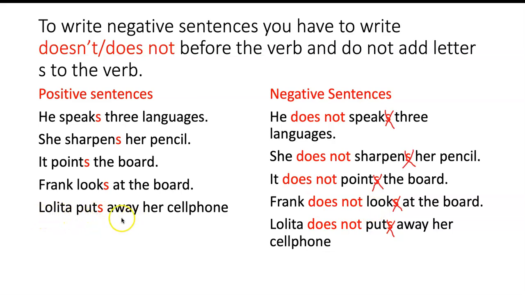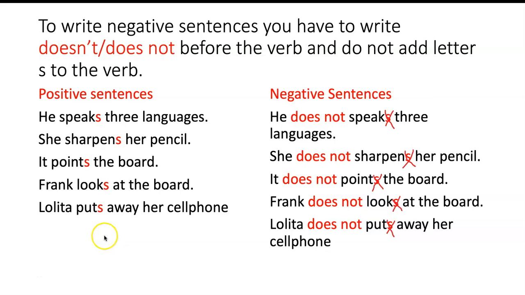Lolita puts away her cell phone. Lolita does not put away her cell phone. So when you have the auxiliary, the negation, you don't need to add letter S. Letter S in the verb disappears in negative.